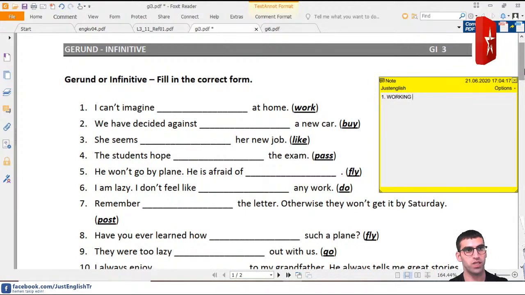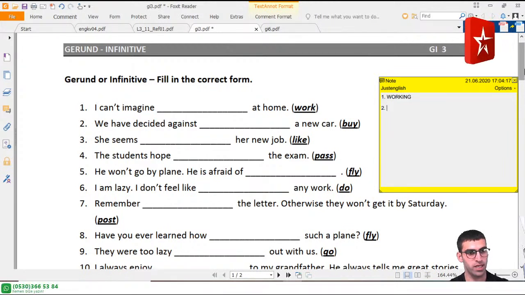Number two, we have decided against a new car. To buy or buying, which one is correct? Be careful.